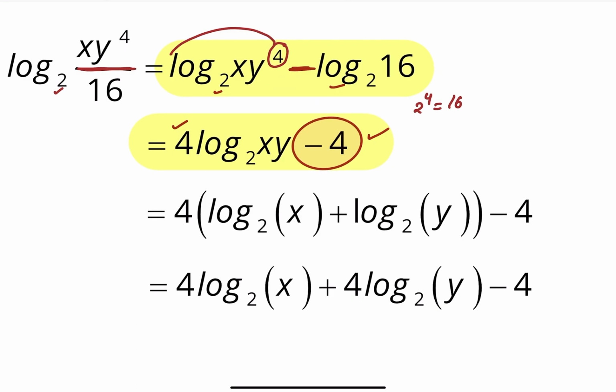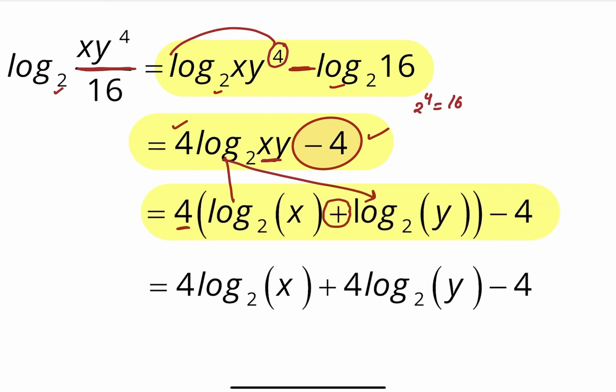Now let's go ahead and see what happened. Here I have multiplication of these two. Multiplication has become addition. Double log has become single log, and the 4 is in the front. So this step and the bases are also the same. So this step is also correct.